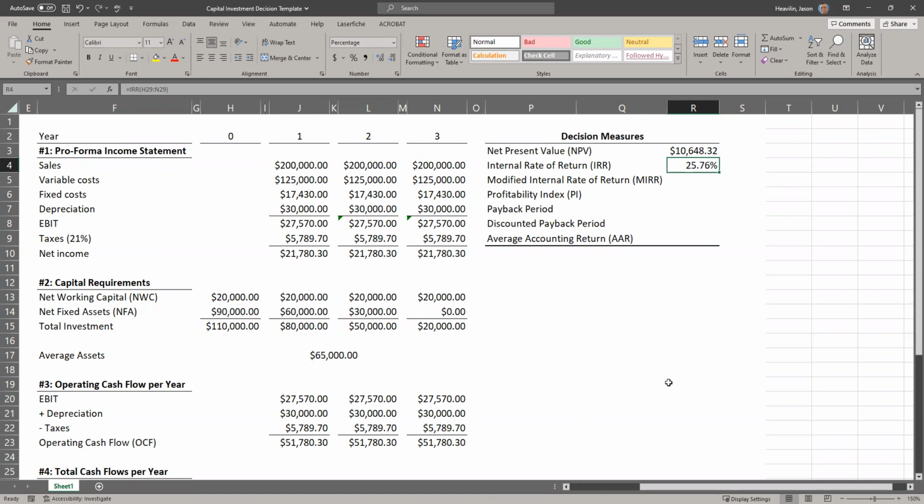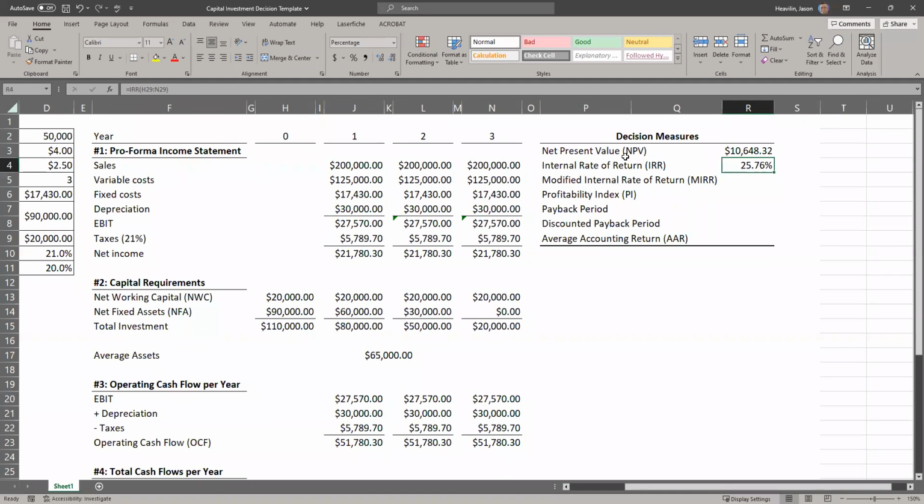Now, there are situations where the IRR and the NPV do not coincide in the decision, then NPV is the one you follow. If, for example, the NPV here was 10,000 positive, but this was like 18%, which is lower than the 20% of the required return, then you ignore the IRR and you go with the NPV. The NPV trumps the decision.